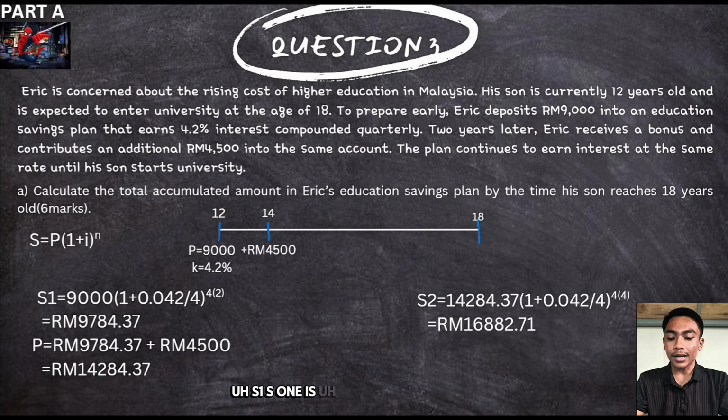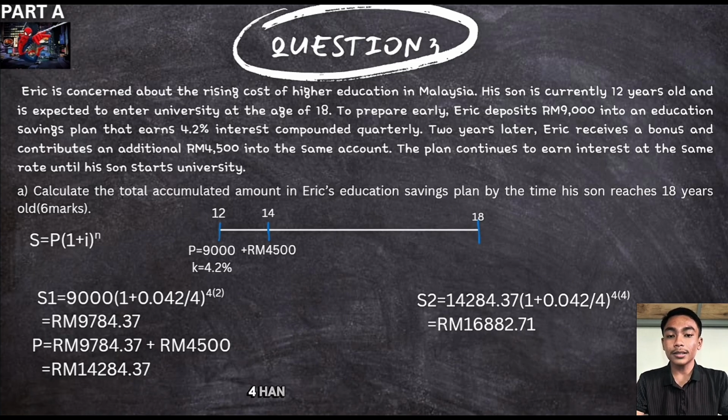S1 is 9,000 multiply (1 plus 0.042 divided by 4) powered by 4 multiply 2, and the total is 9,784 ringgit 37 cents.